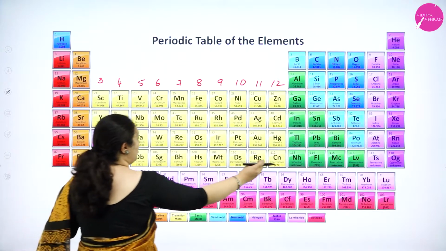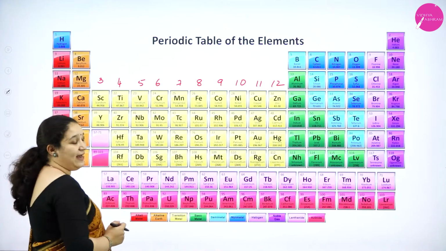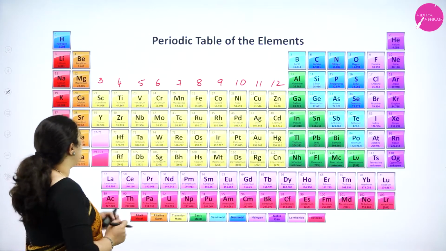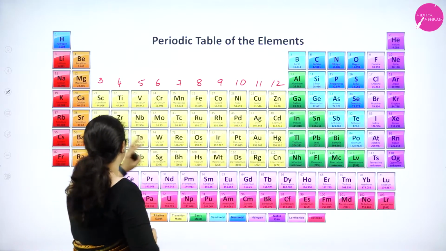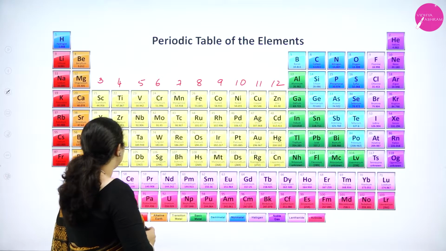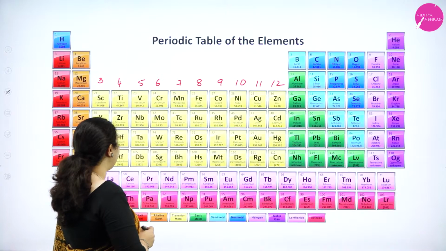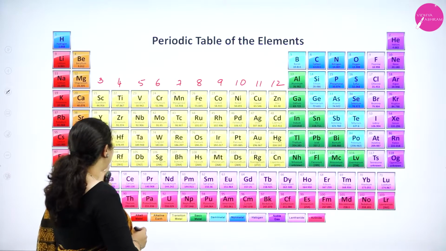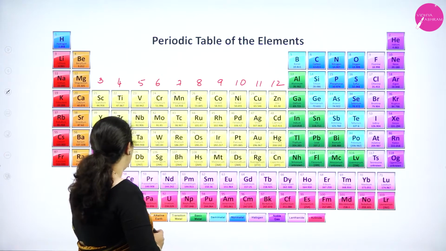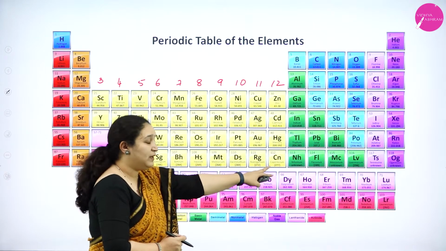This one, which you can see in yellow, we call D block elements. So you have scandium to zinc, then yttrium to cadmium, then you have lanthanum. If you take from lanthanum, in between you have to remove the lanthanide series. So hafnium to mercury and then rutherfordium to copernicium.